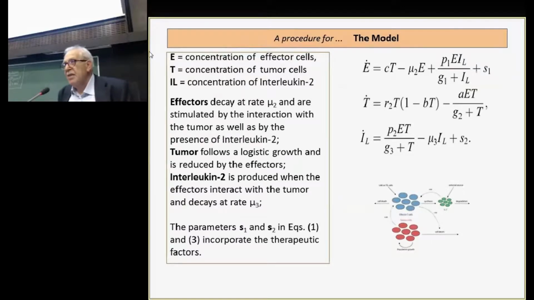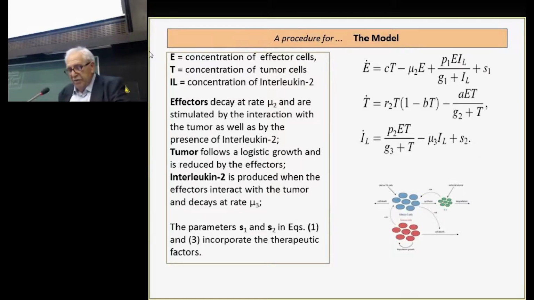I'm not going through the maths. I mean, that would be extremely boring after lunch. It will be extremely boring for all of you. Just to show that the model they use is the simple model which considers concentration of effector cells, concentration of tumor cells, and concentration of interleukins.